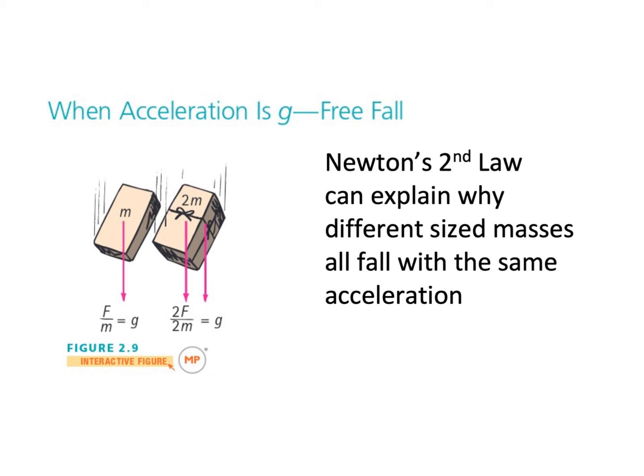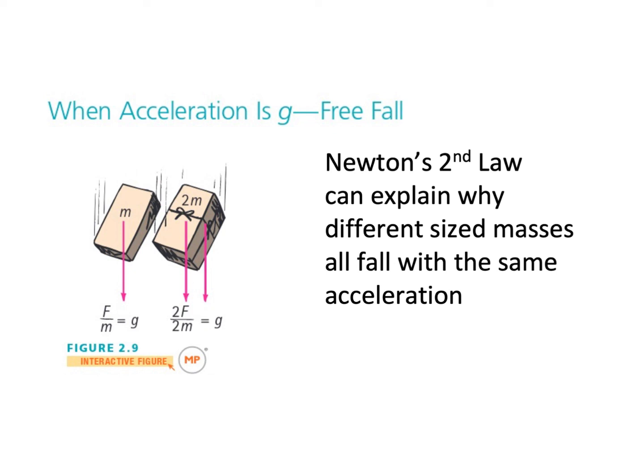And so here's the basic way to explain it, and we can explain it using Newton's second law. So here we have a block of mass m, and it's going to have a force of gravity, let's call it F, and we know that the force divided by the mass is going to equal little g, the acceleration due to gravity.